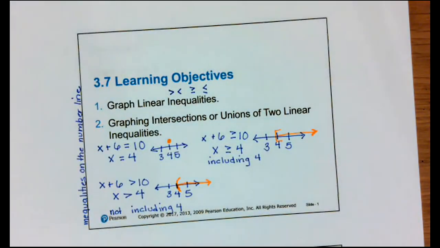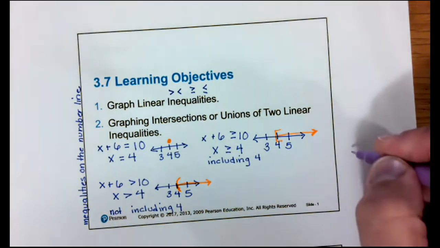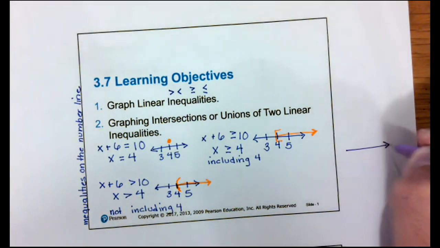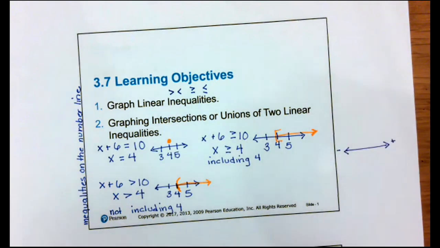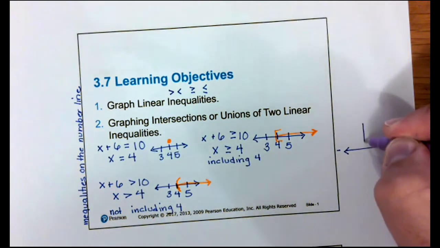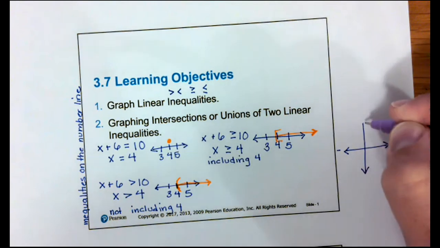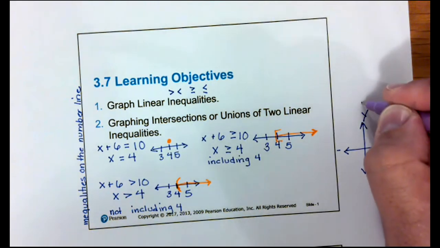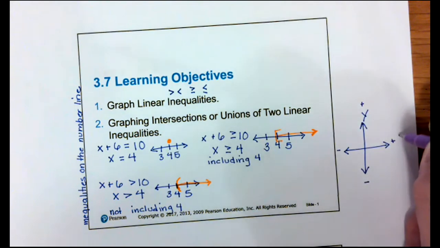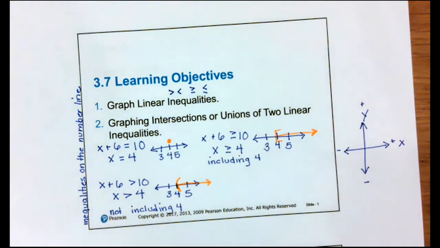And the difference between the number line and the coordinate plane is the coordinate plane has the x number line going this way, right? And then it has the y number line going this way. So that's positive and that's negative.